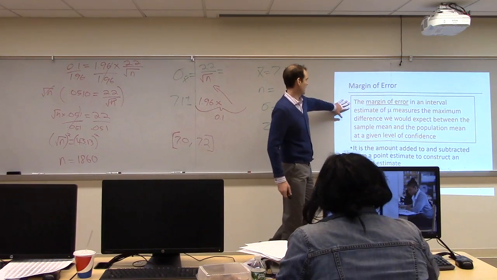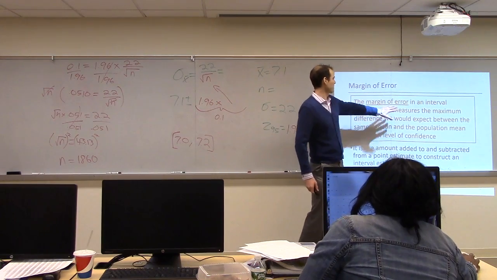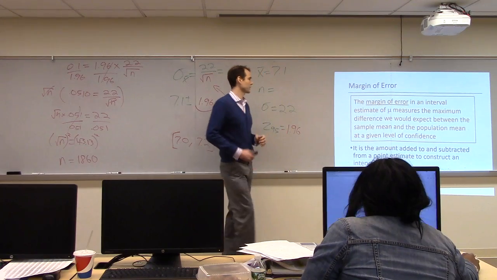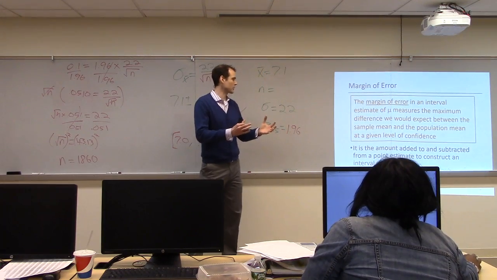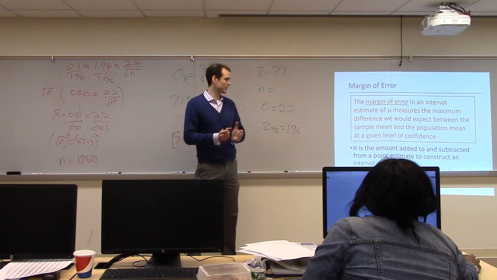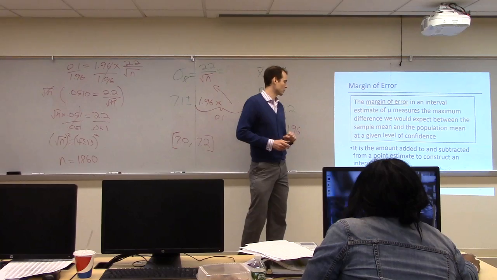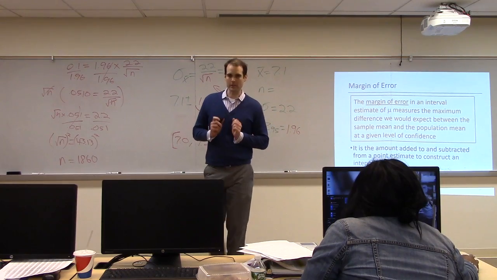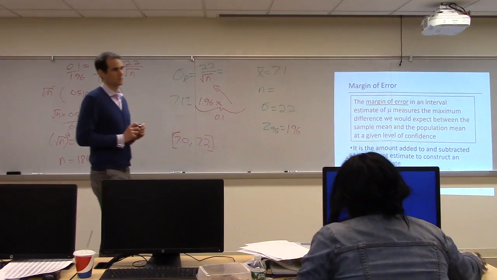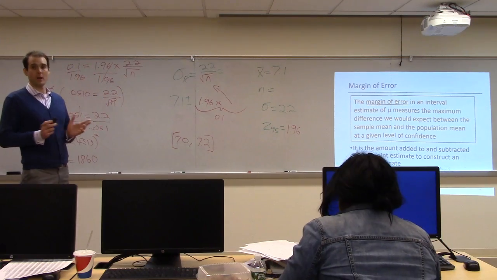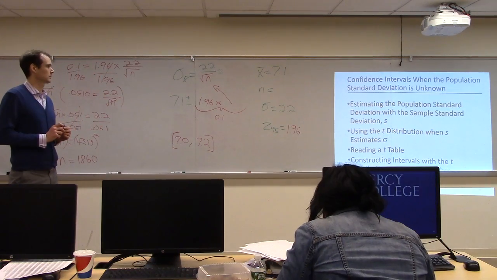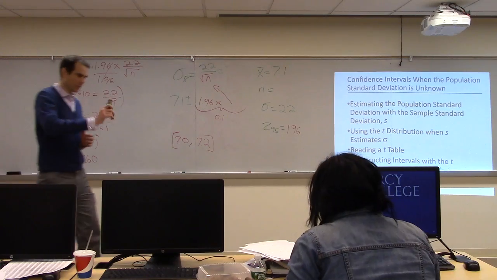It measures the maximum difference we would expect between the sample mean and the population mean at a given level of confidence. It's the amount we add and subtract to the point estimate to get our confidence interval. So, margin of error.